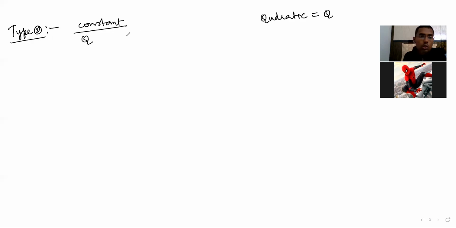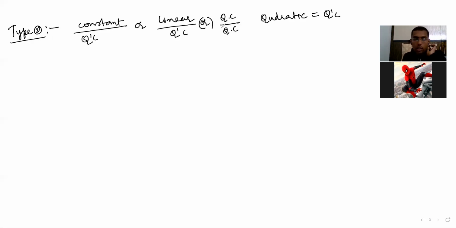Now we'll discuss the next, type 2. Type 2 is either constant polynomial by quadratic, linear by quadratic, or even quadratic by quadratic.